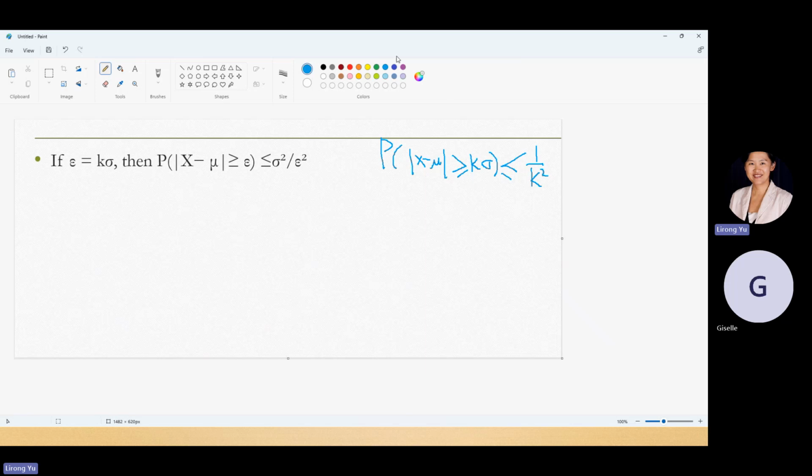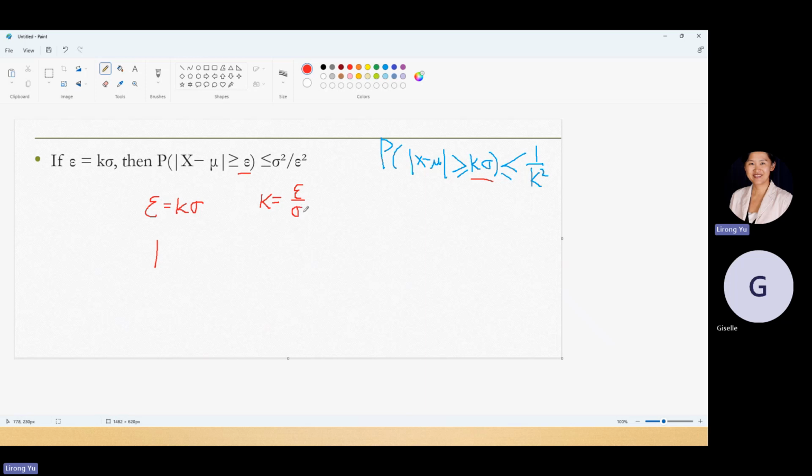So if you switch out one of these things, you switch this for epsilon. All right, so if they're equivalent, then obviously epsilon is equal to k times standard deviation.